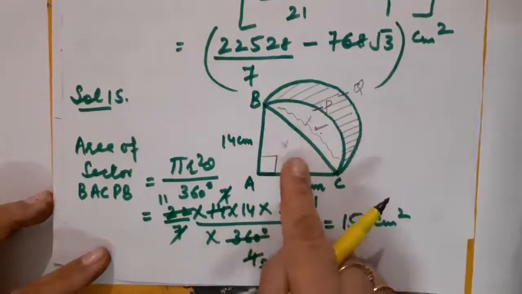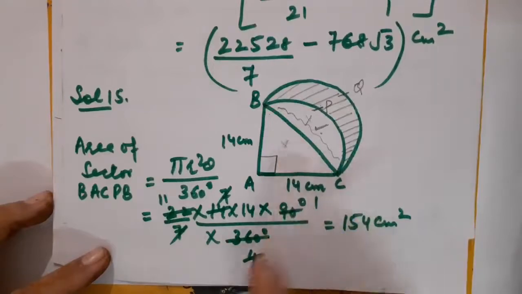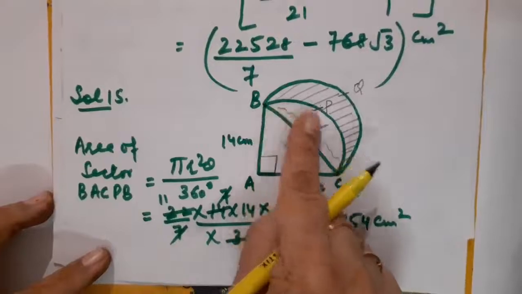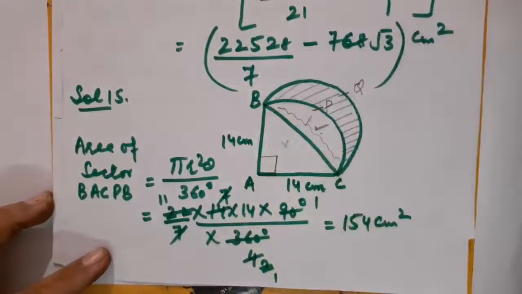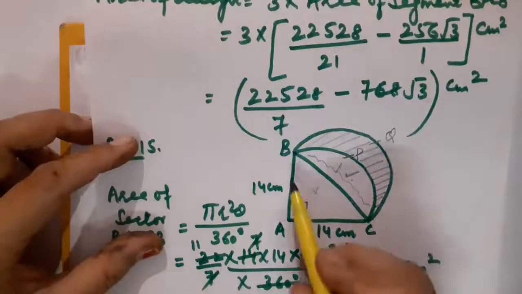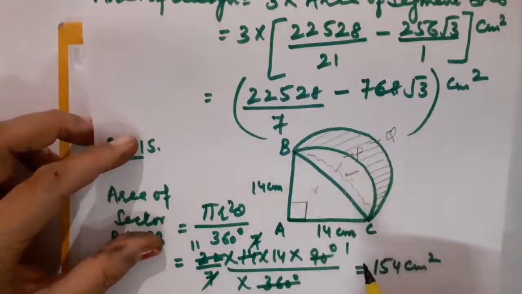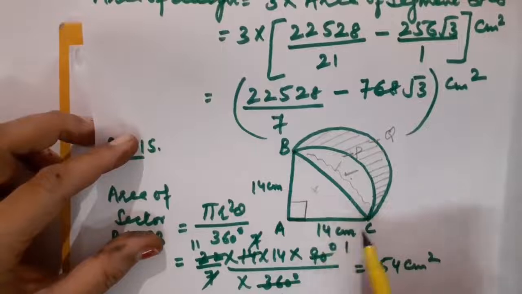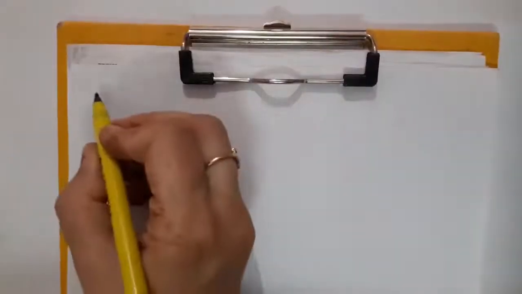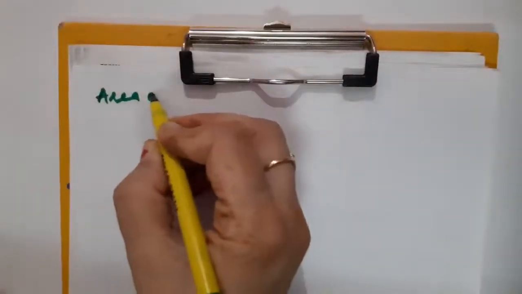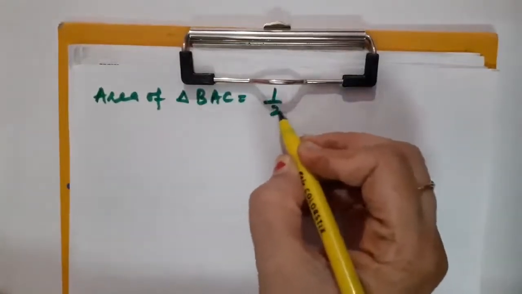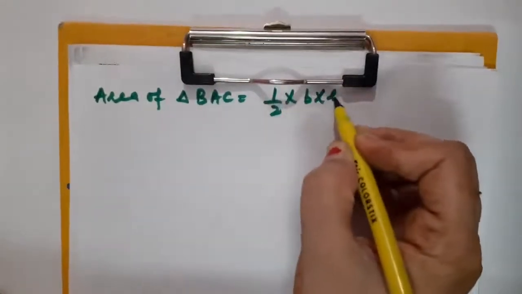Let us subtract the area of this right angled triangle from it, so that we can come to know the area of this segment. How to calculate the area of a right angle triangle? That you know, that is half into base into height, and the name of the triangle is BAC. So area of triangle BAC is equal to half into base into height.